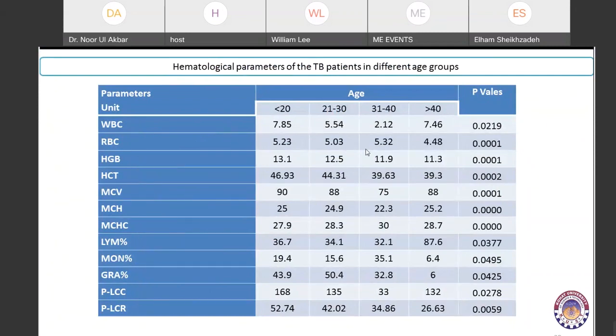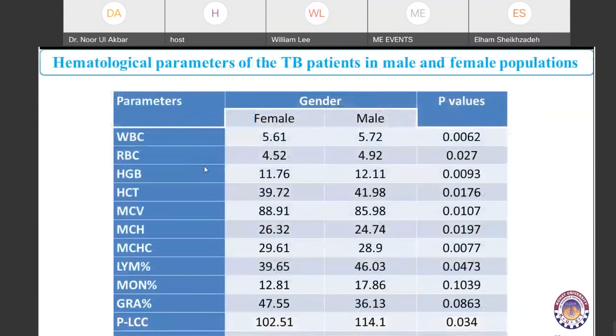Here some changes were found as compared to normal. In the next tables, we will discuss it. These are the gender, male and female, the WBC, RBC, the blood parameters, which will be discussed in the next slides for the complication of the hematological.